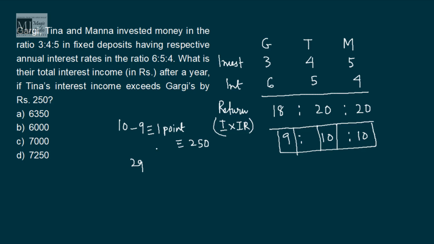So if 1 point difference is 250, 29 points will correspond to 29 into 250, that is 7250. Whether it is compound interest or simple interest hardly matters, because the question is only for a year. So we can do it straight away like this. 7250 would be the total interest income of all three. Option D.